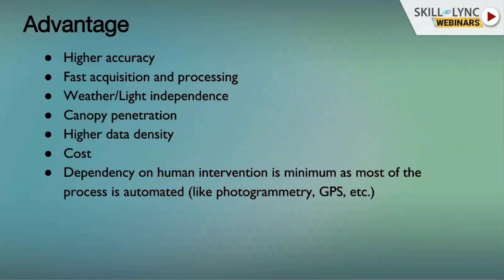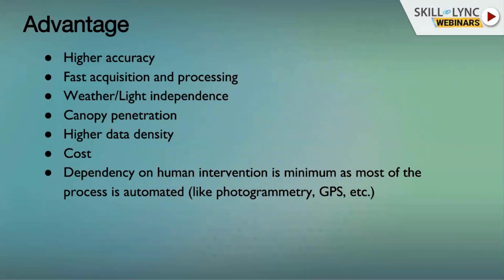The most beautiful thing about LiDAR is that it can work at night also, because it is an active sensor, and an active sensor emits its own light. As I explained in the previous slide, there is an emitter, which is its own source. It doesn't depend on day or night. It will emit and the receiver will receive, so either night or day, it will always work.